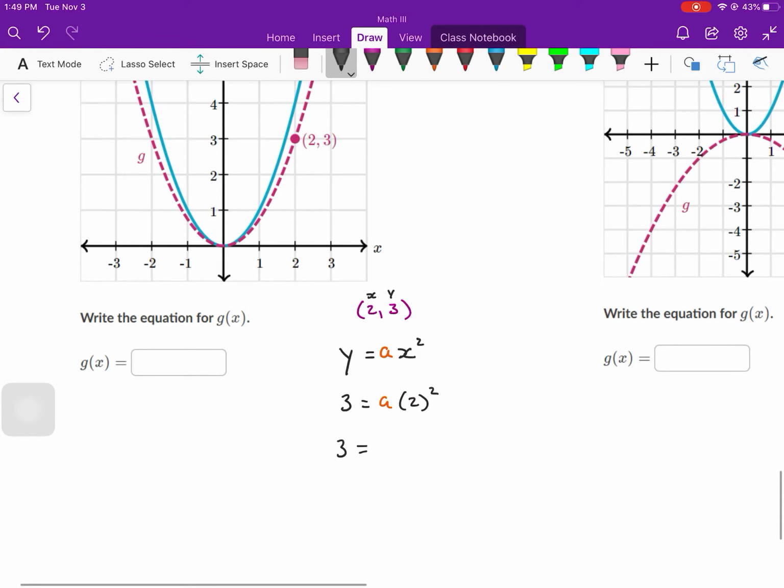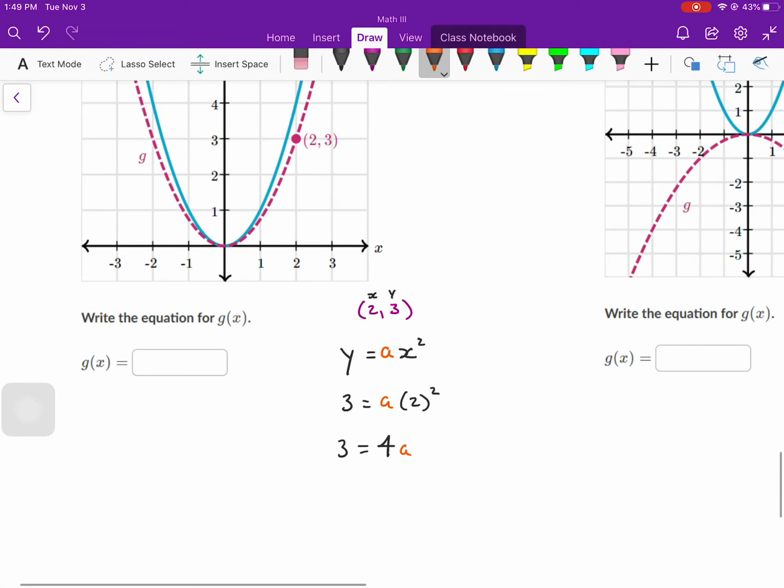So 3 equals 4a, because 2 squared is 4. Divide the 4 to the other side, and a is 3 over 4. Now, that's not the answer. The answer would be 3 over 4x squared. That's what the equation for g would be.